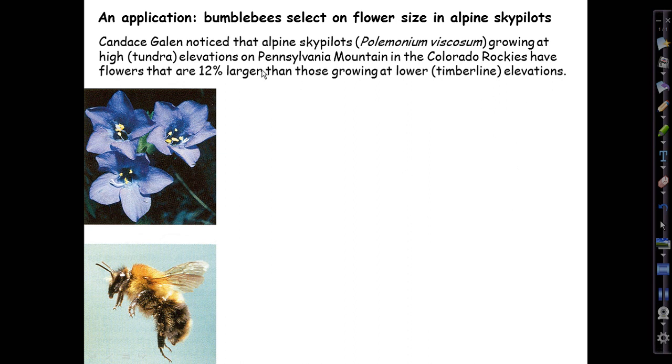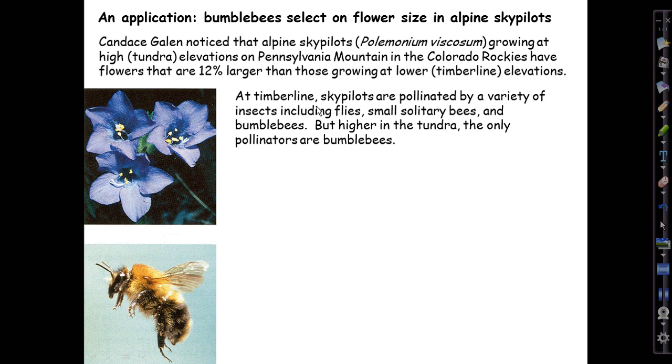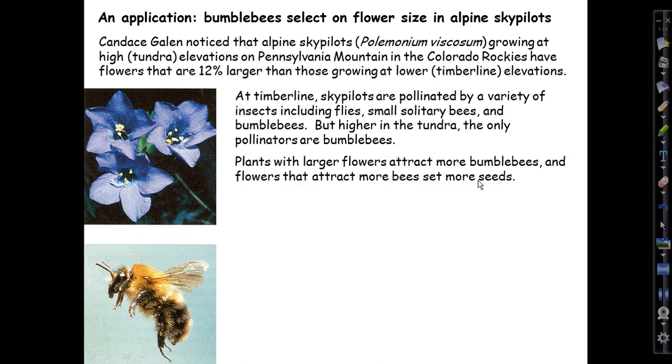Candy Galen noticed that this beautiful flower called the alpine sky pilot, Polemonium viscosum, which grows at tundra elevations on high mountains in the Colorado Rockies, where she works, had flowers that were larger, noticeably larger to her eye than those growing at lower timberline elevations where the trees kind of peter out.